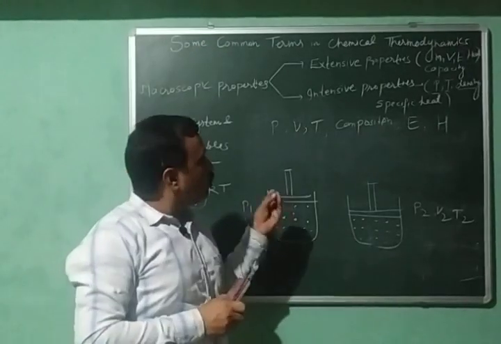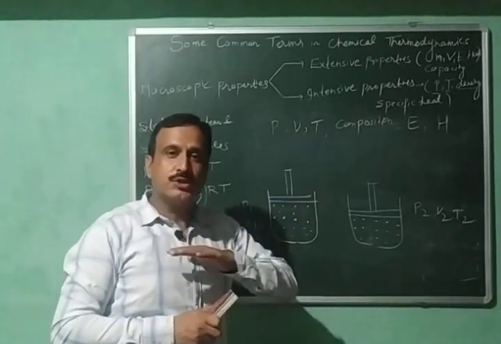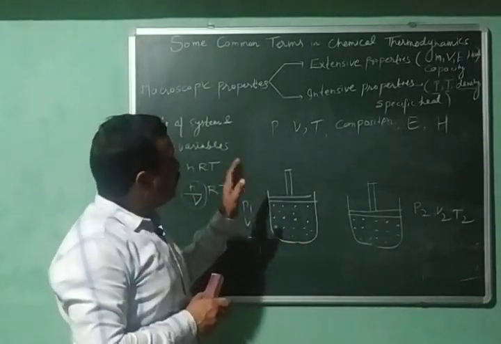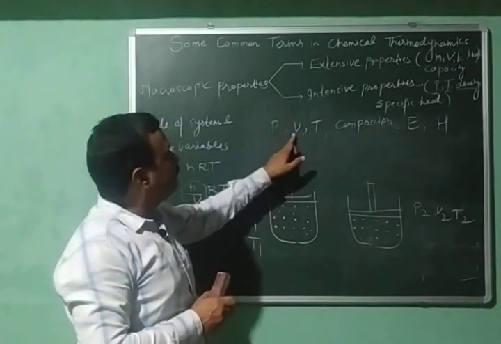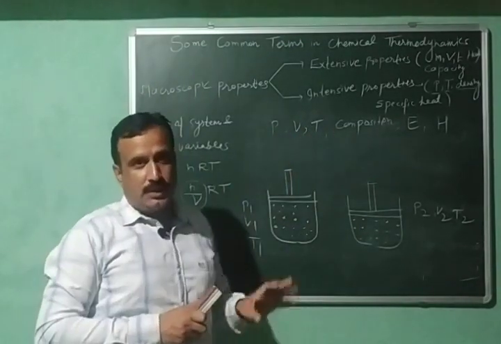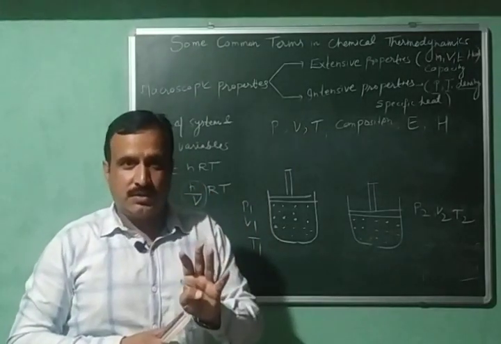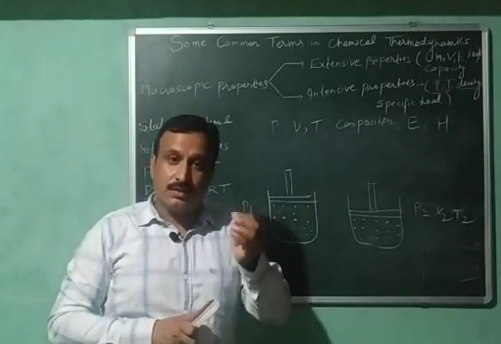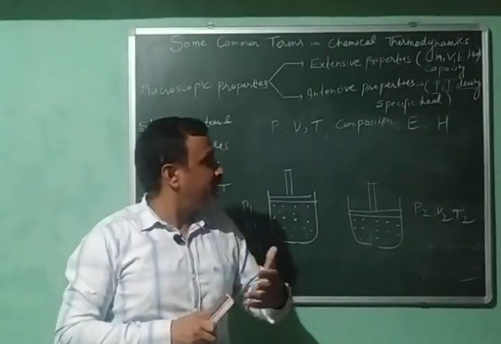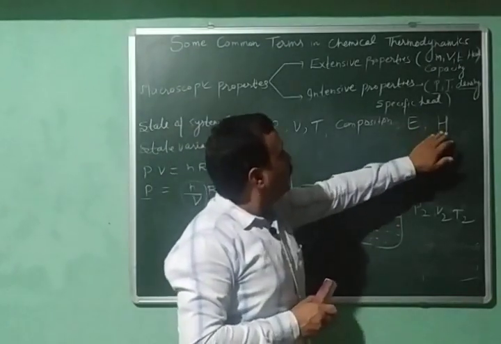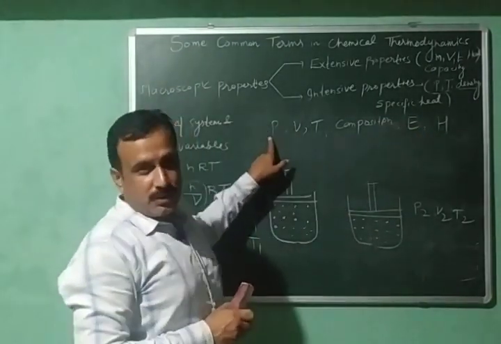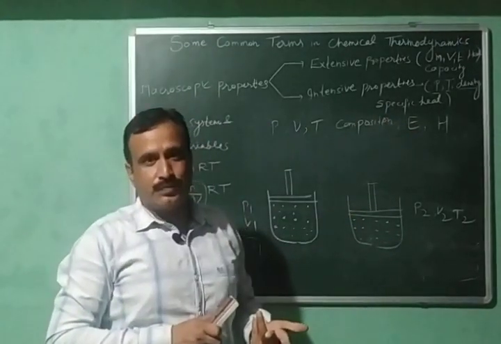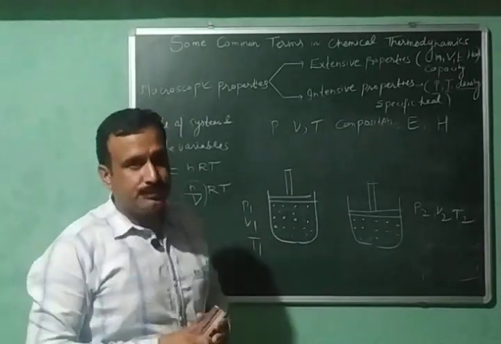But in order to define the state of a system, we need not specify all the variables. For example, if the pressure, volume, temperature and composition, if these four variables are fixed, then the other variables are automatically fixed, because this internal energy or the enthalpy depend upon these variables, and if these variables are fixed, then they are automatically fixed. Okay, let us understand.